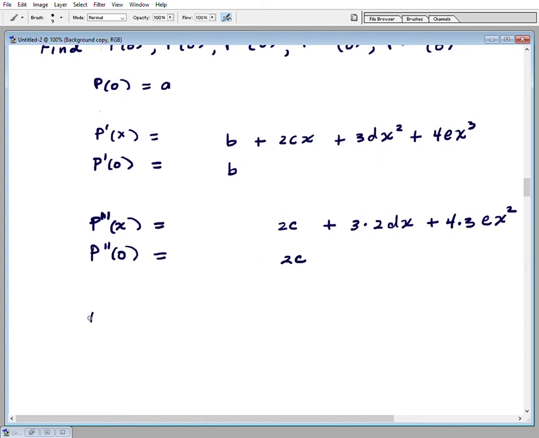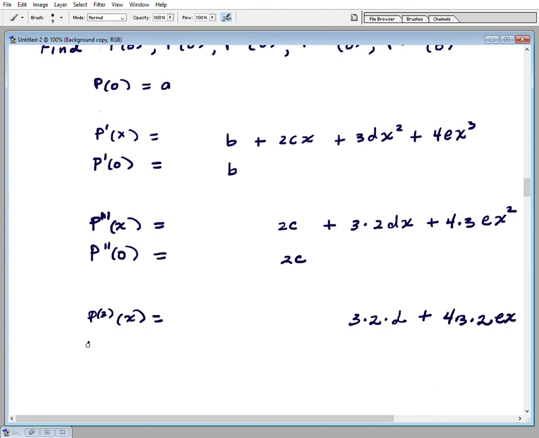Now I want to do the third. That drops out. For the third, we have 3 times 2 times d, and then here, 4 times 3 times 2 ex.